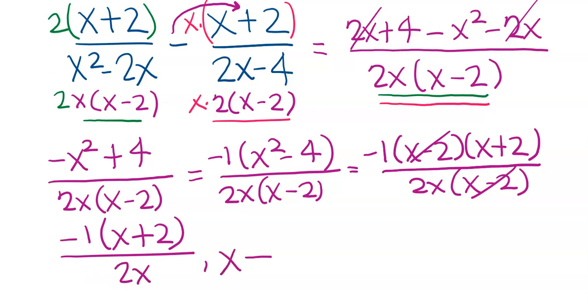Now my restrictions, I cannot have a 0. I cannot have a 2. And I cannot have, oh, that must be it. I'm looking at this one for those restrictions.